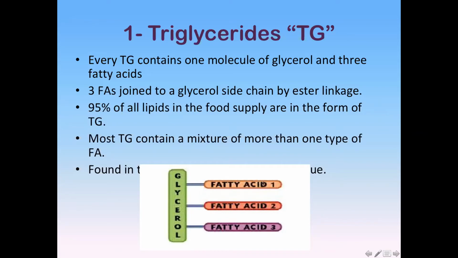And this is what distinguishes the fat. The fatty acids are joined with the glycerol by ester linkage. Most triglycerides contain a mixture of more than one type of fatty acid.